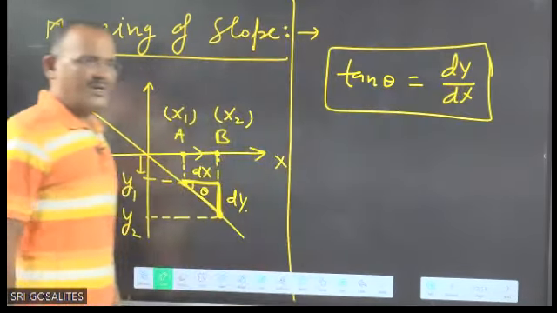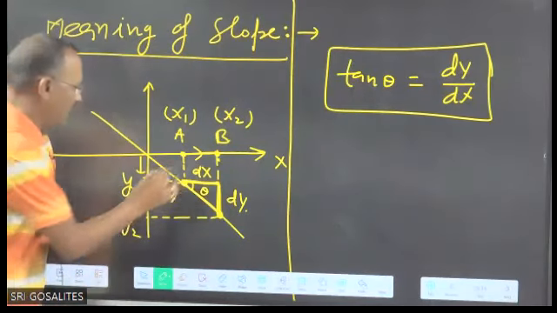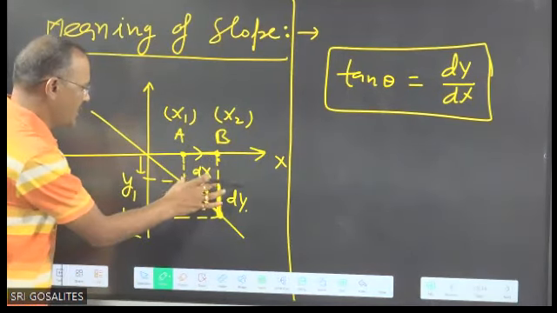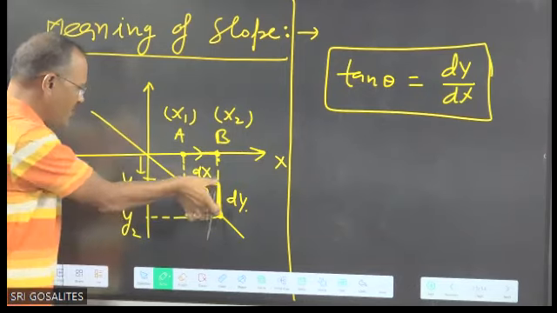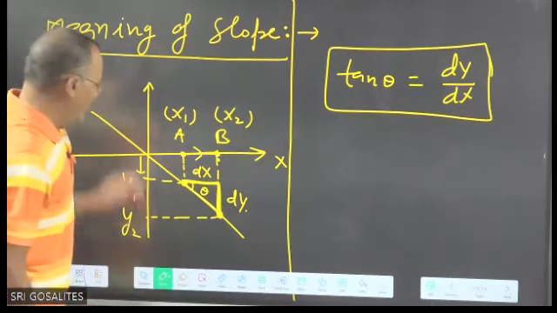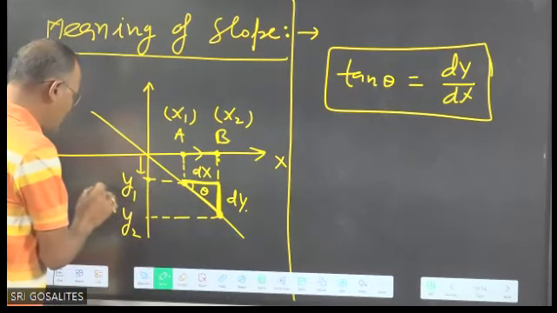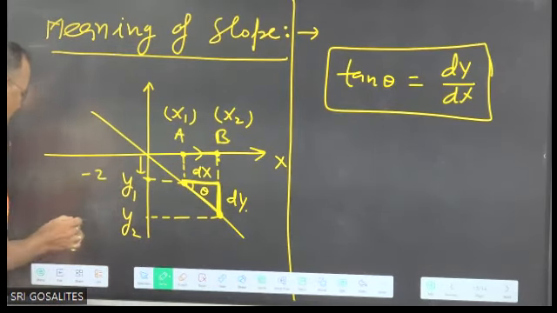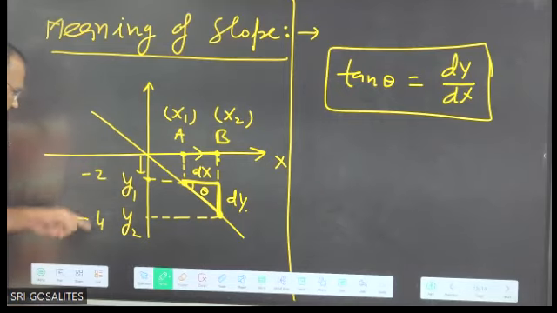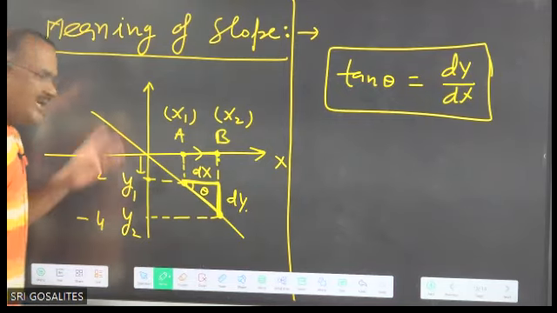In this triangle, tan theta is perpendicular upon base, dy upon dx. See, x I have changed here, dx. So y is changing by how much amount? dy. So on this line, suppose it is -2, suppose it is -4. Which one is more? -2 is more.